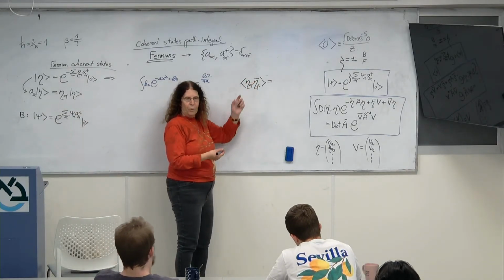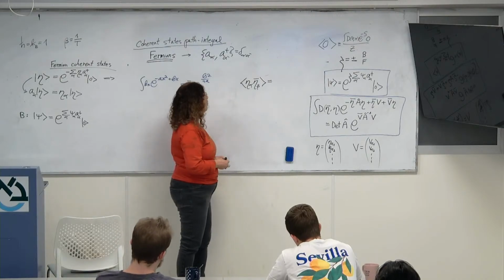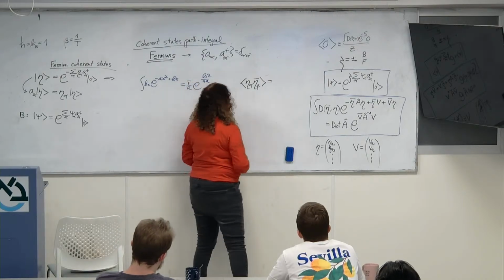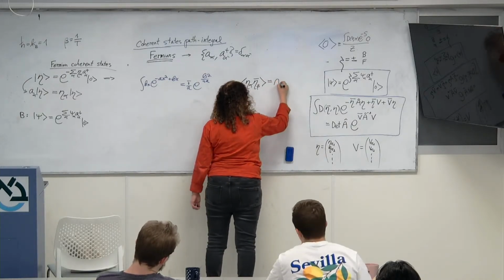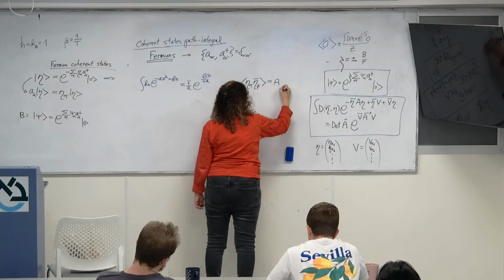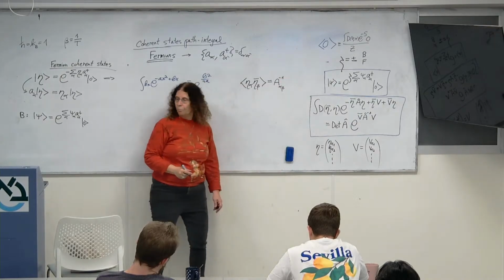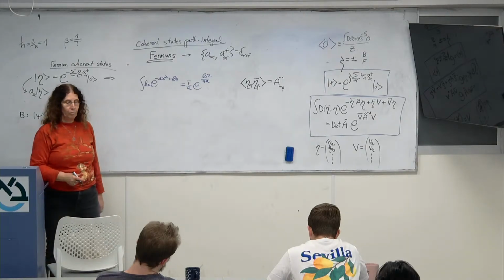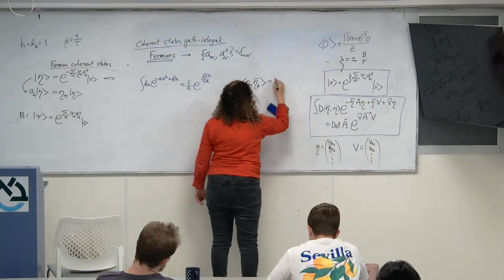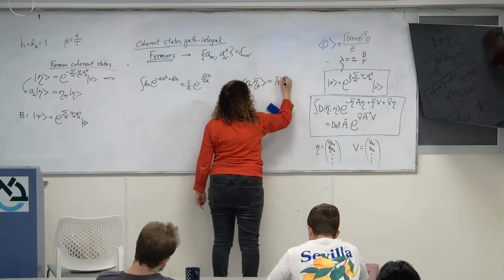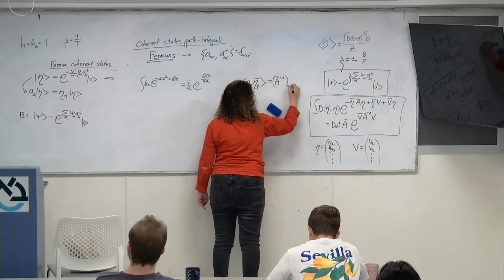This is the definition of a Green's function for fermions, and it gives you A to the minus 1, alpha beta.